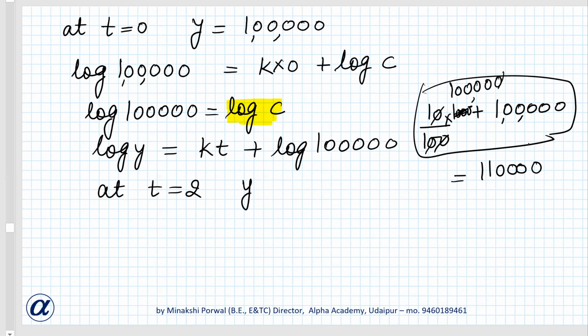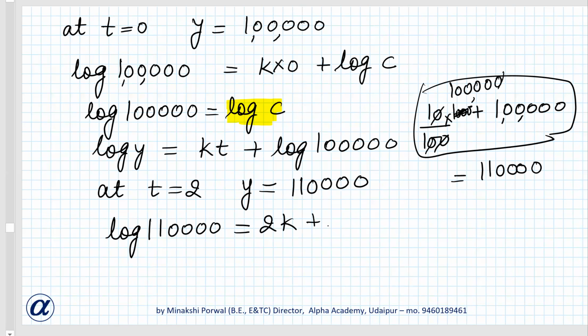So when t = 2, y will be 1,10,000. Substituting this also in equation 1, log of 110000 = 2k + log of 1 lakh. Basically, we have substituted here only because log c we have already found.